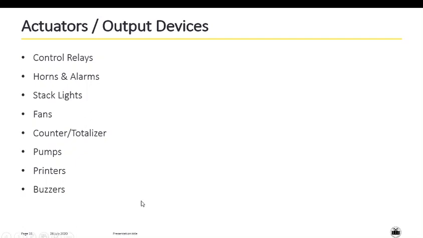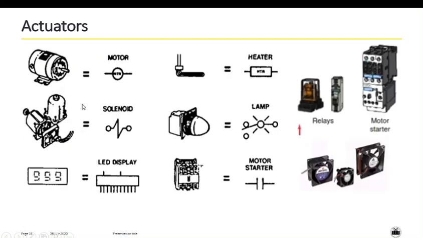So which actuators are there? Control relays, horns, alarms, stack lights, fans, counters or totalizers, pumps, printers, buzzers. There are many actuators. This is the symbol of a motor. Solenoid valves are there. LED displays are there, which can act as an output device or actuator.